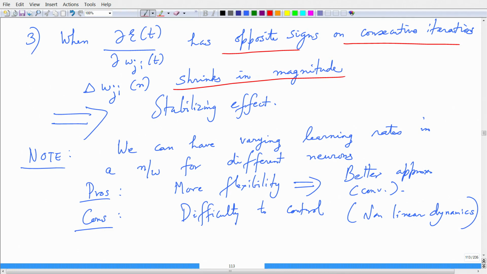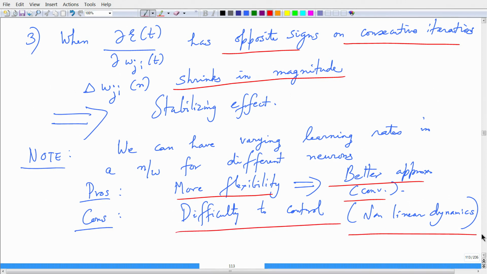Okay. So, that is why I mentioned here the pros would be more flexibility, which means better approximation, and the cons would be difficulty of control because of nonlinear dynamics. Okay. So, with this we will stop here.